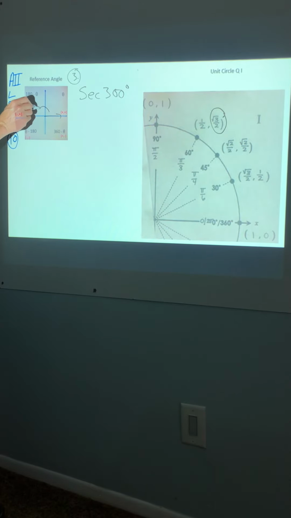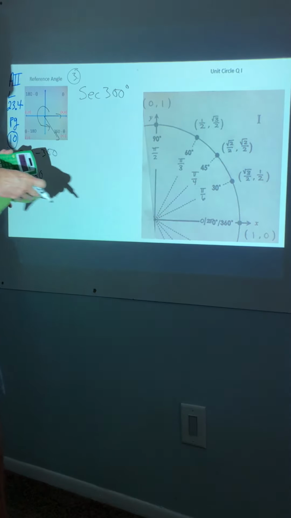Look, 180, 270, so 300 is going to land in here. There's your 300 degree angle. That is quadrant 4. Quadrant 4 says take 360 minus your 300. You get 60. Your reference angle is going to be 60 degrees.